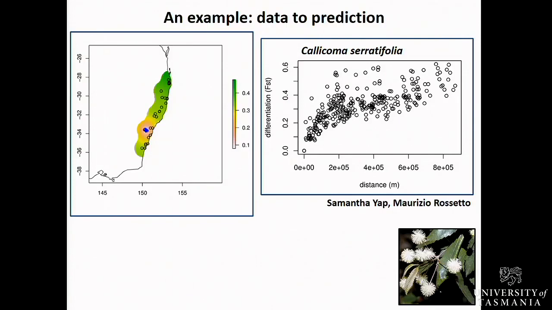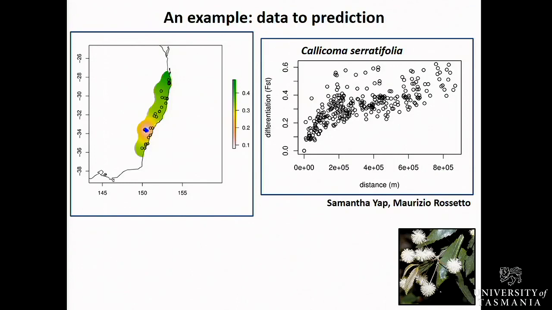We can then predict under that GDM what the level of differentiation is to all other grid cells within this sort of bounded area, which represents a buffered hull around the sampling locations. And we see that, as we'd expect, because only distances are in this model, the predicted levels of FST are smallest around the diamond and grow larger as we move away.